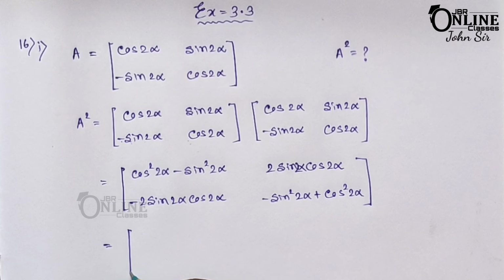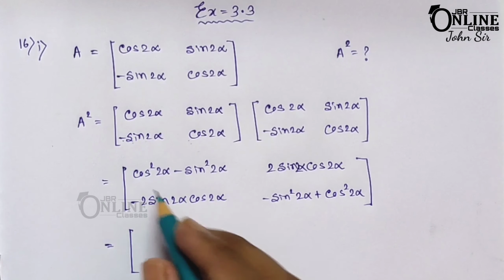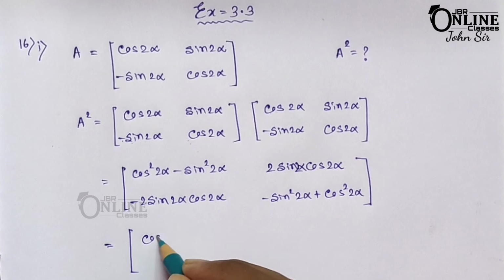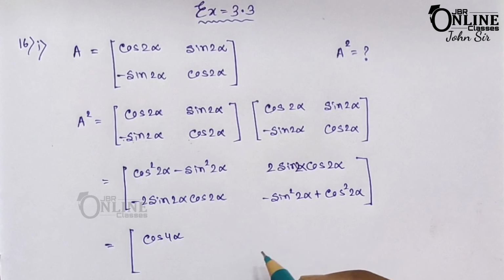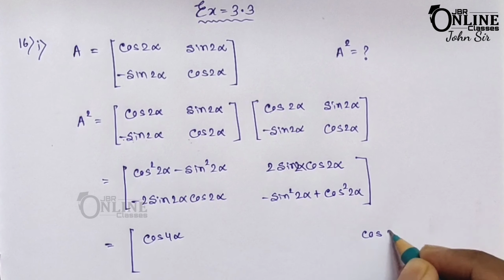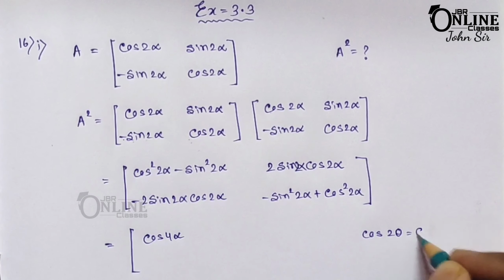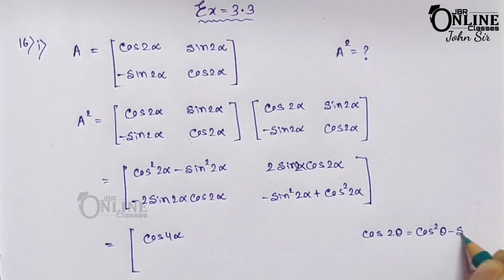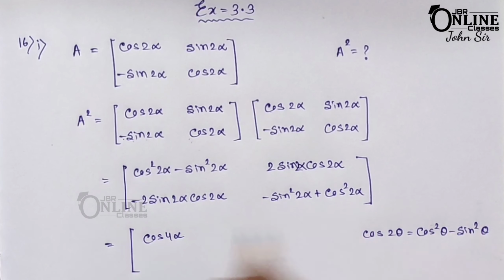Here you can apply the trigonometry formula, that this will be cos 4 alpha. Why cos 4 alpha? Because the formula of cos 2 theta equals cos square theta minus sin square theta. As here it is 2 alpha, it will be 2 into 2 alpha, that means 4 alpha.